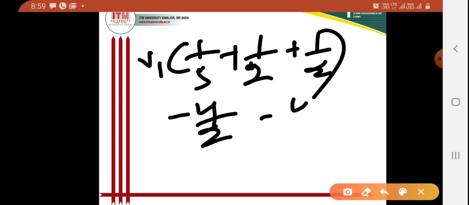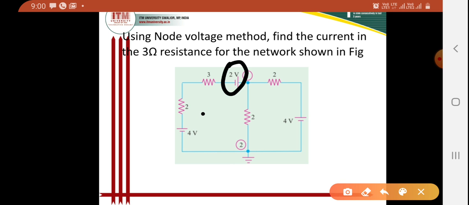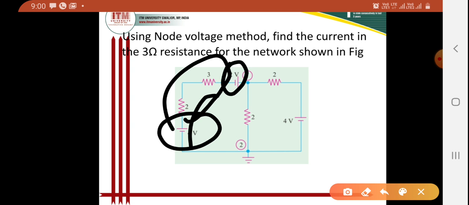Then that is 4 plus 2 by 5. The next one is on the left-hand side, the battery source of 4 volt, and the series resistance is 2 plus 3, that is 5.